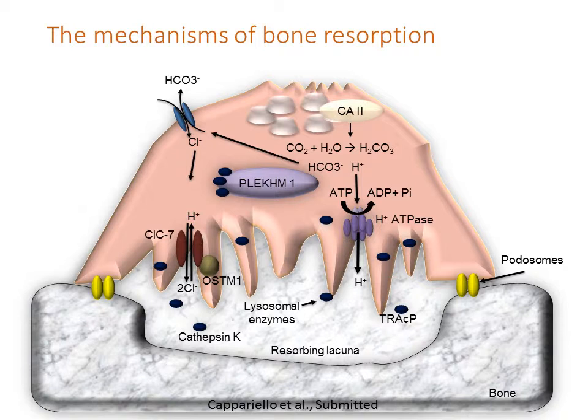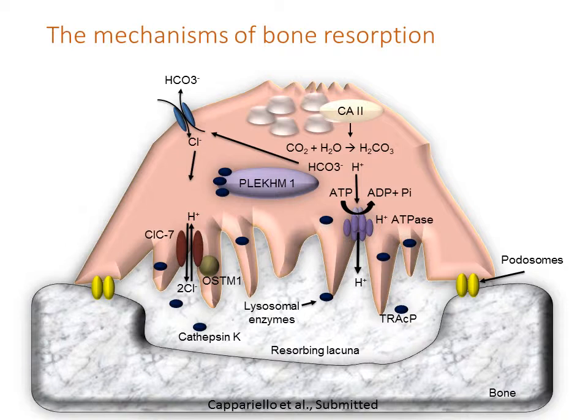Now here we have protons and chloride which acidify the resorbing lacuna, and this acidification solubilizes the hydroxyapatite. The solubilization of the hydroxyapatite uncovers the organic matrix of the bone that is made 95% by type 1 collagen.